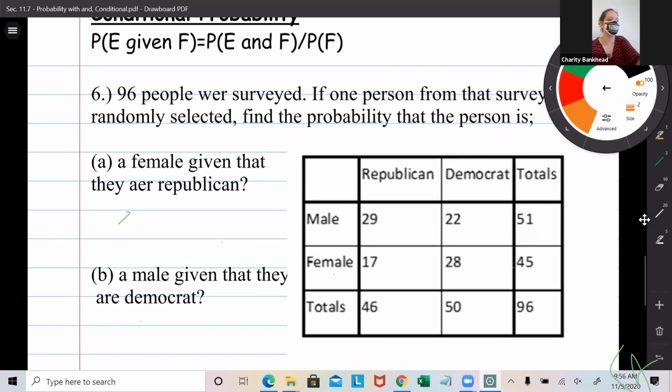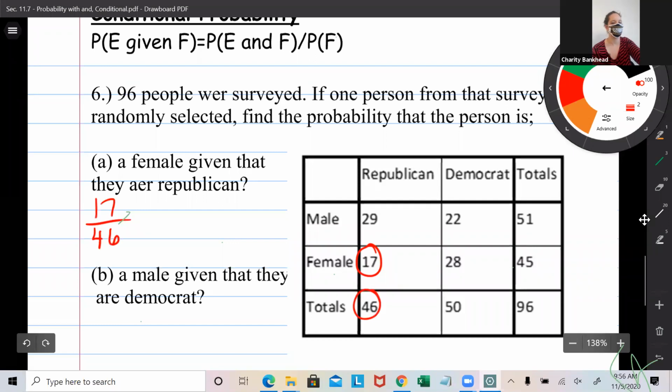So there's 17 female Republicans divided by a total of 46 Republicans. So it's going to be 17 over 46. And if we want the decimal, that's approximately 0.40. Or sorry, that's not right. 0.37.